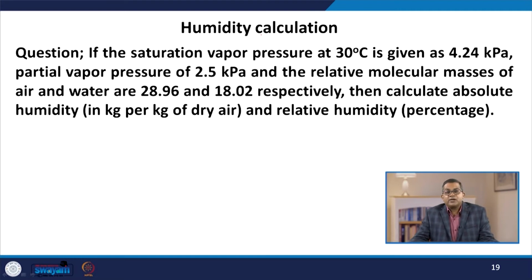Here I am putting one question to you: if the saturation vapor pressure at 30 degrees Celsius is given as 4.24 kilopascal, the partial vapor pressure is 2.5 kilopascal, and the relative molecular masses of air and water are 28.96 and 18.02 respectively, then you need to calculate the absolute humidity in kilogram per kilogram of dry air, and the relative humidity, which, as we have already discussed, is represented as a percentage.